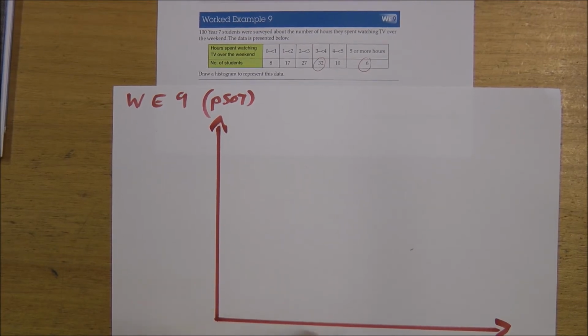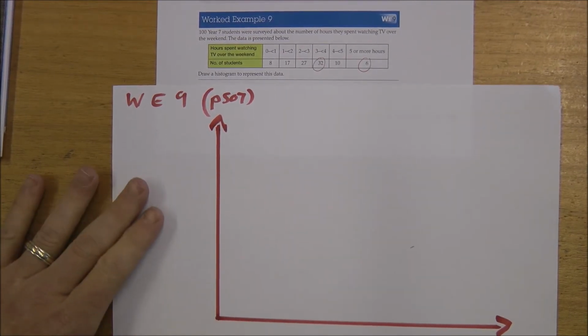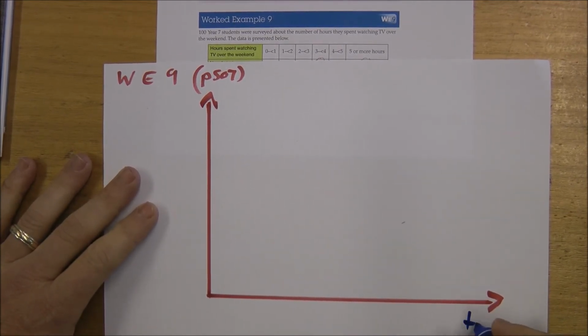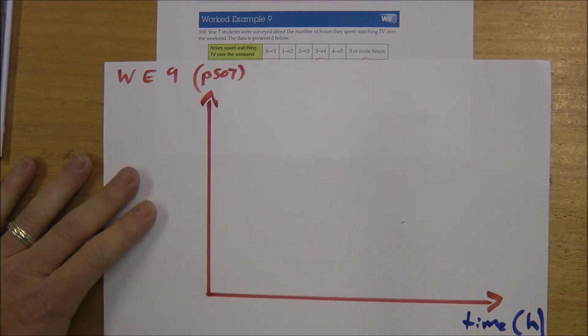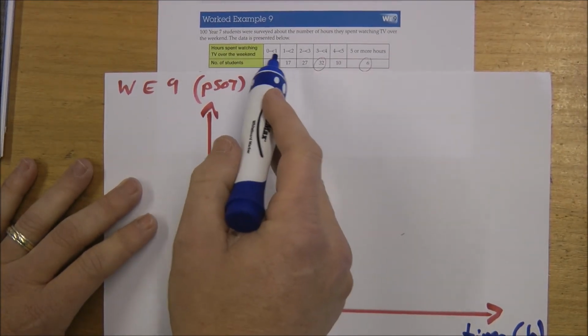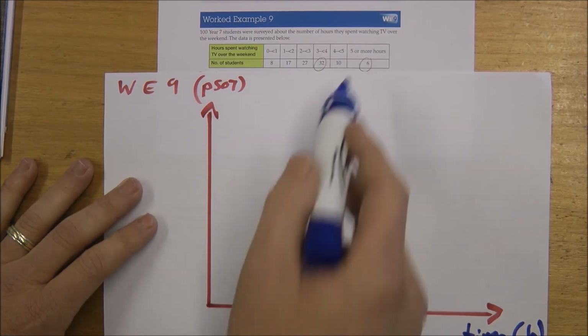And along the bottom is the actual categories we have, which is the number of hours. So, this will be time in hours. And we have the categories that we were given, so 0 to 1, 1 to 2, 2 to 3, and so on up to 5.